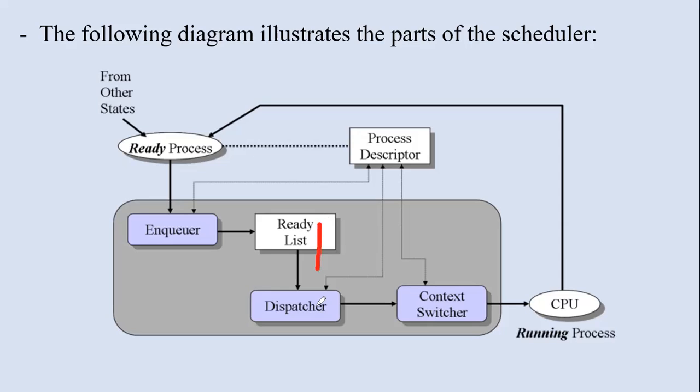From there, it is dispatched. It is allocated some time to join the CPU, and therefore it is dispatched to the CPU. So its state is changed from the ready state to the running state, and therefore it gets hold of the CPU.